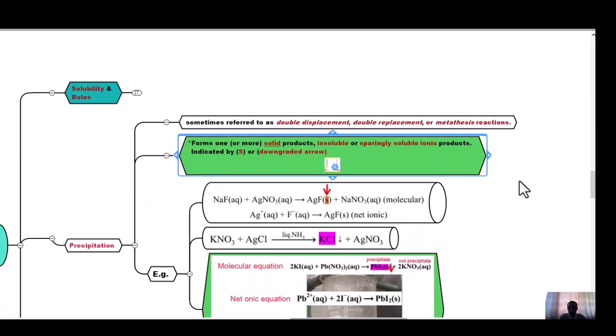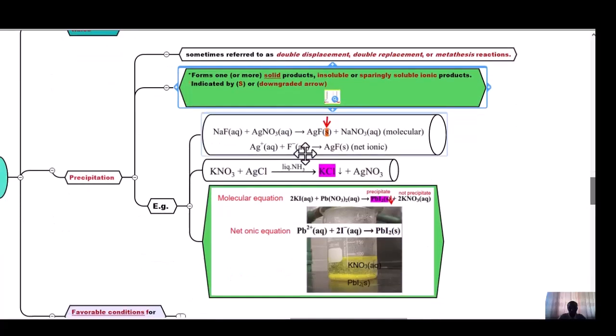Example, if this and this chemical reaction chemicals are reacted, it forms this and this. From this you can see that this S means solid, so this product exists in the form of a precipitate. By cancelling out, the net ionic equation becomes like this.